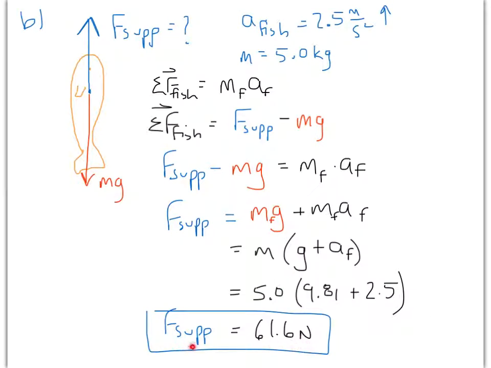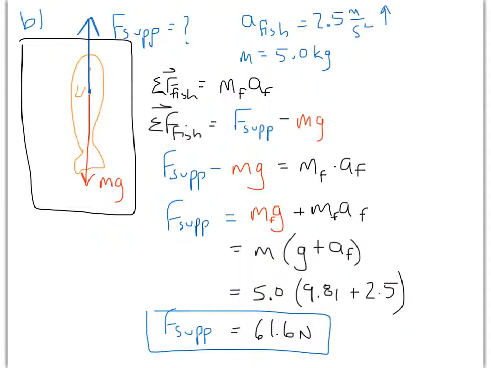Here is our weight of the fish, or you might say the apparent weight of the fish when the elevator is accelerating upwards. So again, the fish itself is not accelerating upwards, but it's inside this elevator, and the whole system, including the fish, has an upwards acceleration. All right. So that is part B.